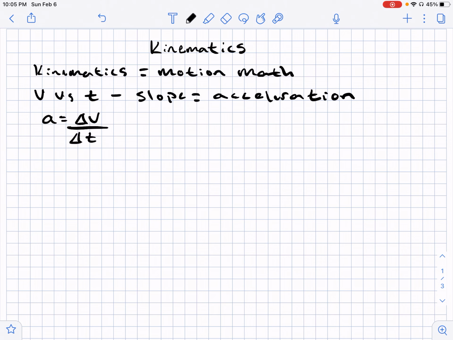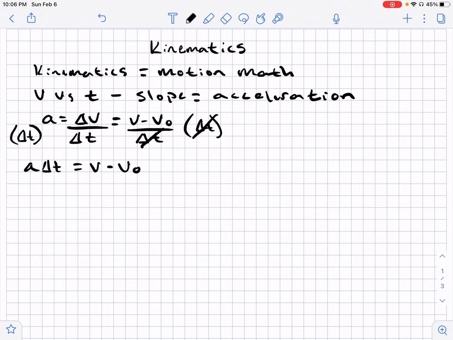Now on the equation chart, they just have it written where it's solved for the final velocity, so let's go ahead and do that. So the change in velocity is just final minus initial. And if we're trying to manipulate this equation for the final velocity, first thing we would do is multiply both sides by delta t. So that's going to cancel out, and you're going to be left with acceleration times time is equal to the final velocity minus your initial velocity.